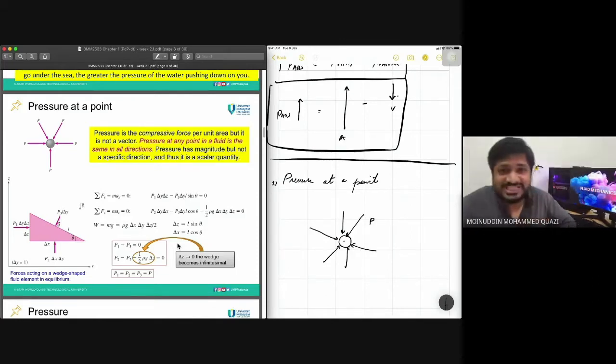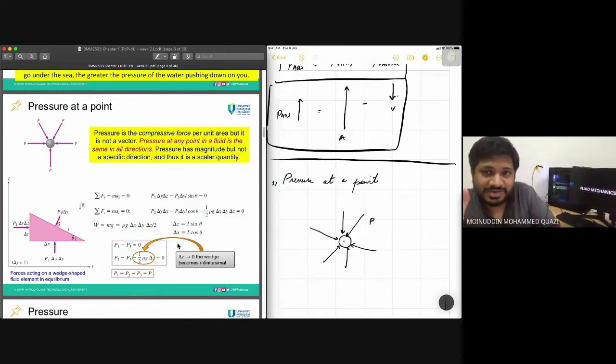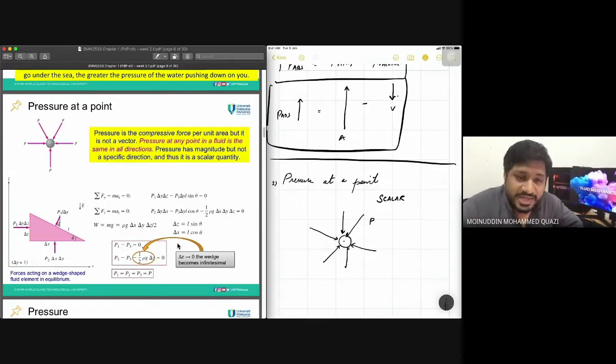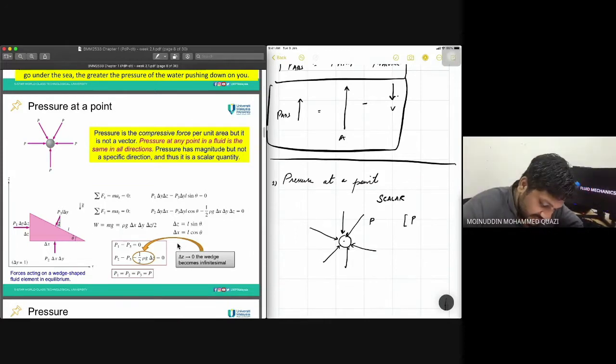So there is no specific resultant force available. That is why pressure is a scalar quantity. It means that it has only magnitude, but no direction. Pressure is not a vector. It is only a scalar quantity.